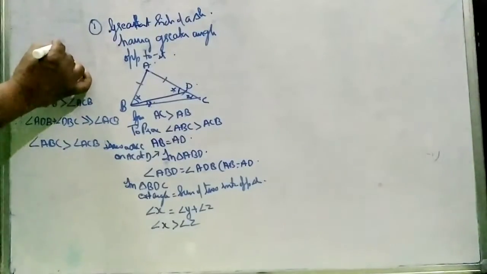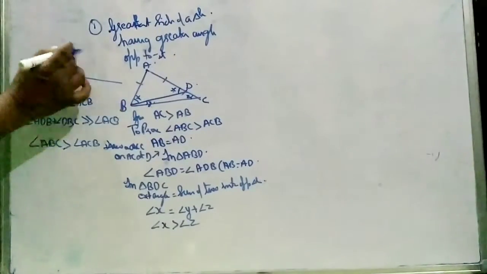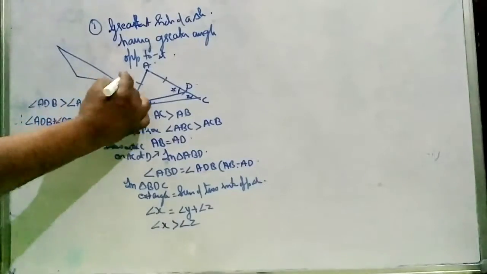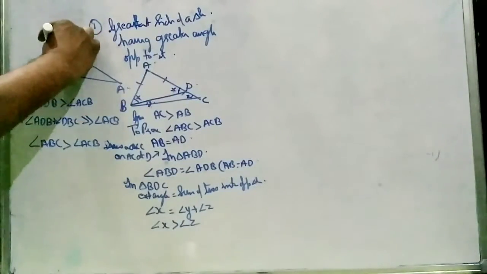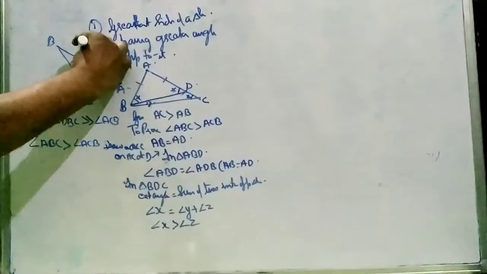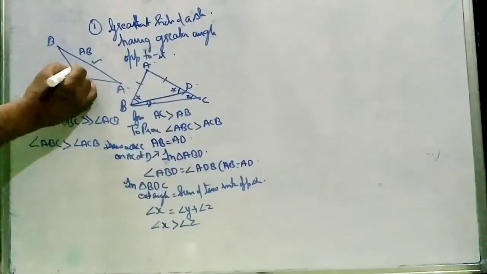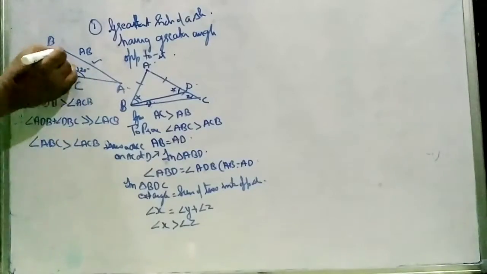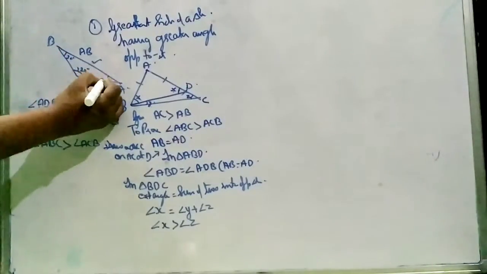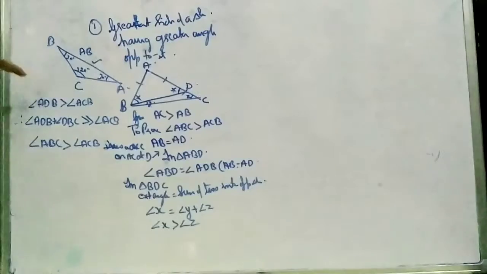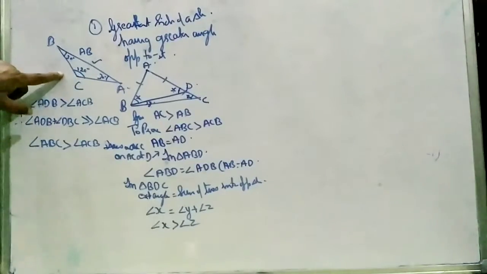For example, if you take this obtuse triangle, this is A, B and C. AB is the greatest side. So the angle is 120 degrees. Suppose this is 30 degrees and this is 30 degrees. So the angle opposite to the greatest side will always be greatest.